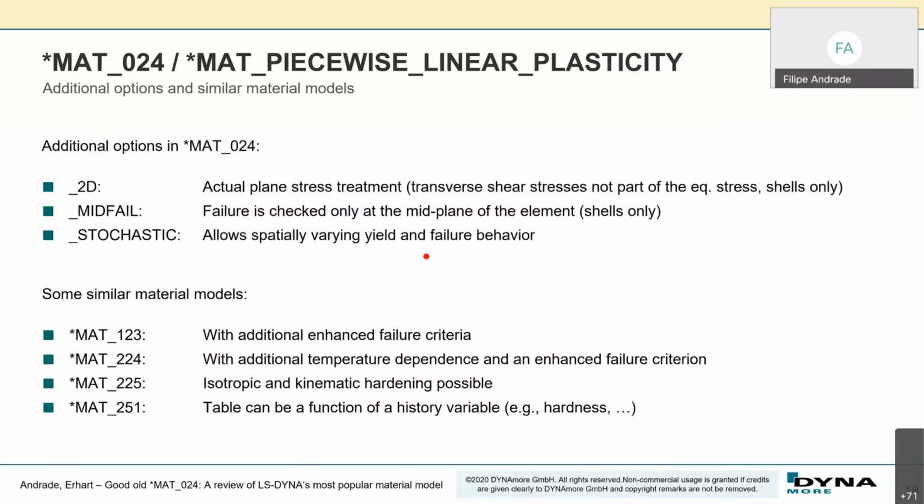And not all material models behave like this, or especially if you are using different codes, not every code does that. So MAT24 in that respect for shells is not 100% plane stress. You still have the effect of the transverse shear stresses. And if you want to deactivate this, you can use this _2D function. Then you will disregard the transverse shear stresses in the definition of the equivalent stress.